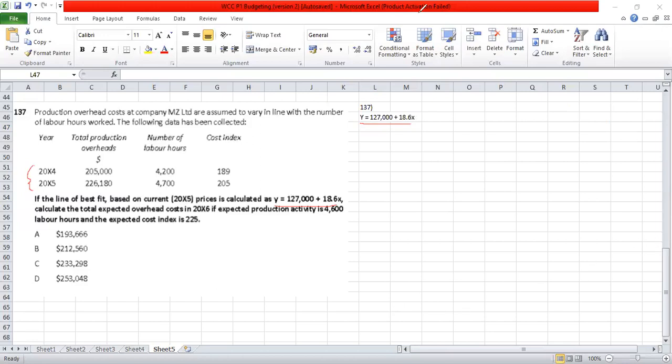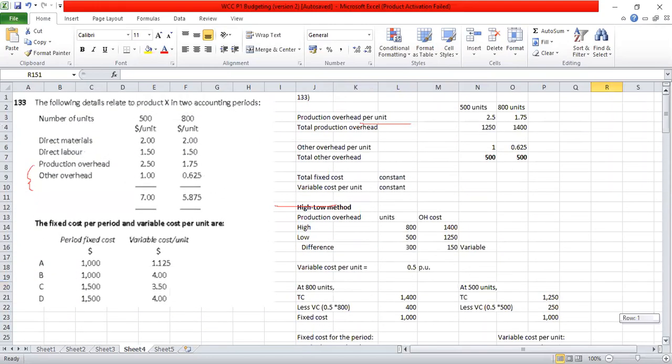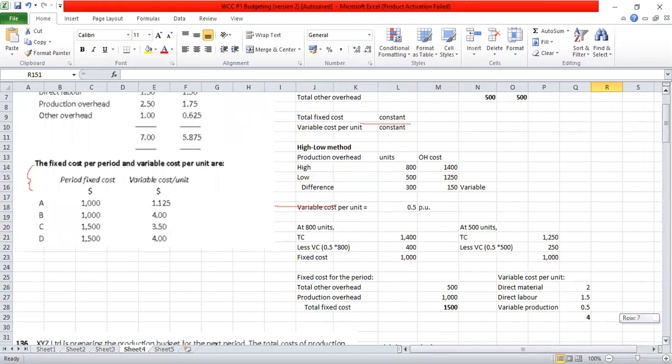I'm just scrolling to the high-low method, and how we fit that is what I will show you. The basic one, the first one, let's see. Here we got the variable cost per unit as 150.